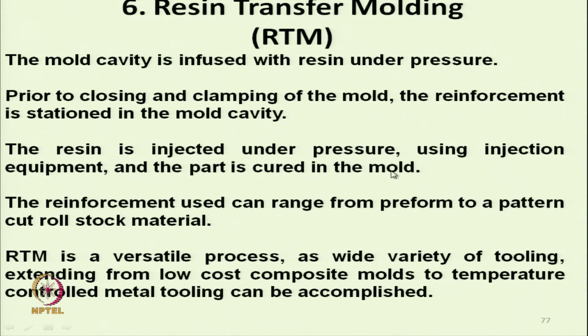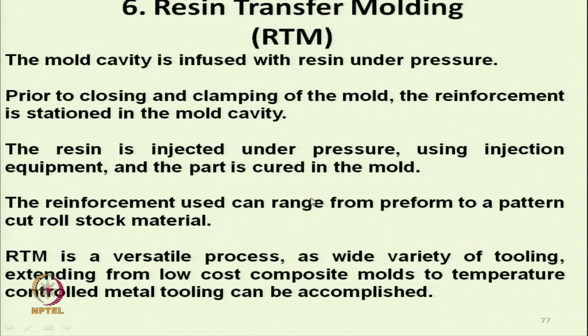We need high pressure for higher viscosity resin. Pressure can be controlled here, and after that the part is cured. The reinforcement used can range from preform to a pattern cut roll stock material. So, it is a versatile process.